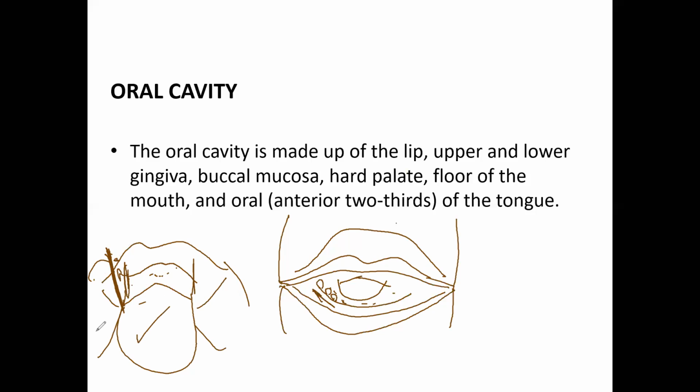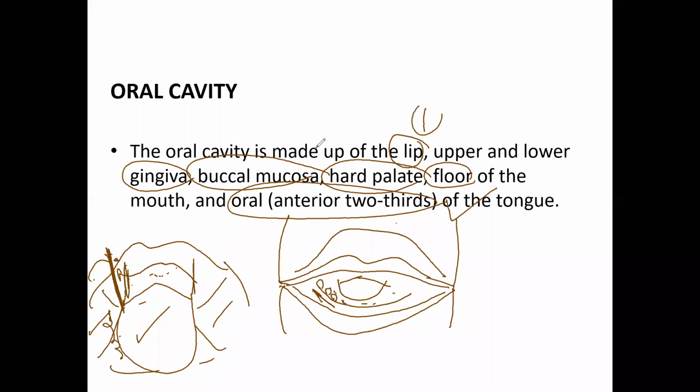So these are all structures, including the lip, the gingiva, etc. All these will form the oral cavity that you should have in mind. Number one is the lip. Number two is the gingiva. Number three is the buccal mucosa. Number four is the hard palate. Number five is the floor of the mouth. Number six is the oral anterior two-thirds of the tongue.